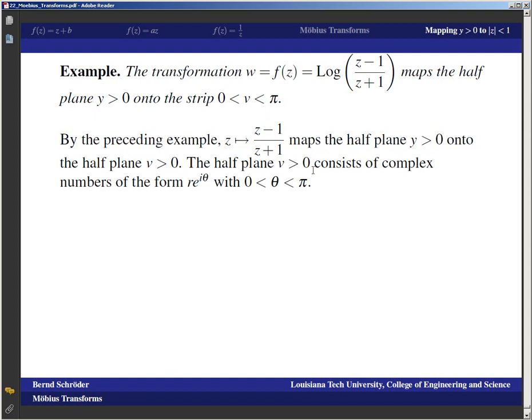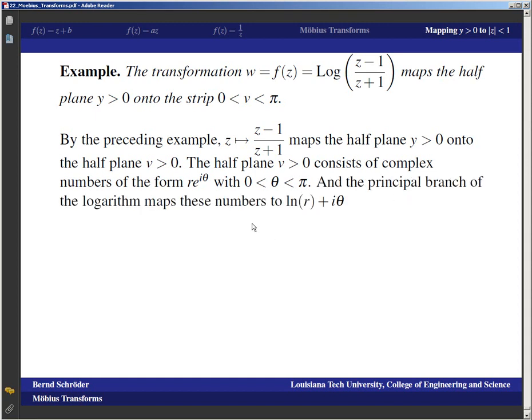The half plane v greater than 0 consists of numbers of the form r e to the i theta, where theta is between 0 and pi, and the principal branch of the logarithm maps these numbers to ln r plus i theta, and that is, it maps the half plane to the strip 0 smaller v smaller pi, and because ln r is always greater than 0, we don't map it to the whole strip, we just map it to the right half of that strip. So it really isn't a function that is onto.